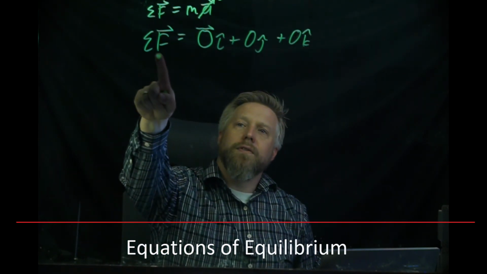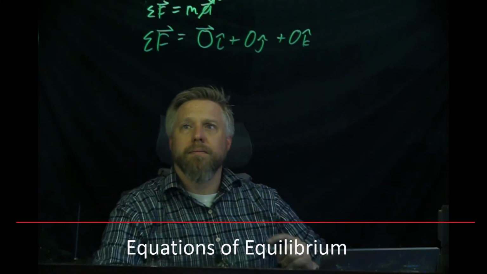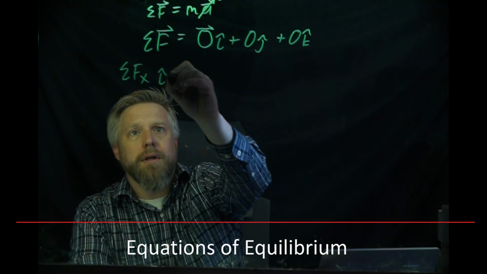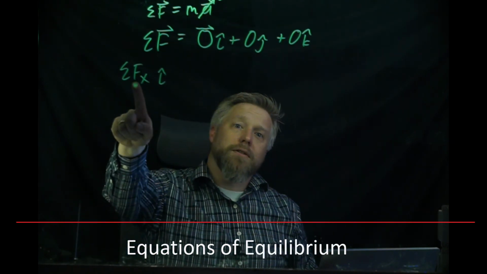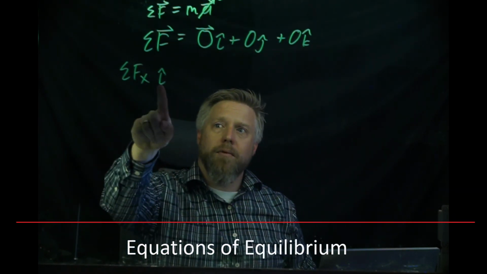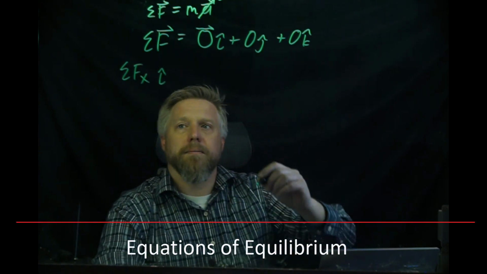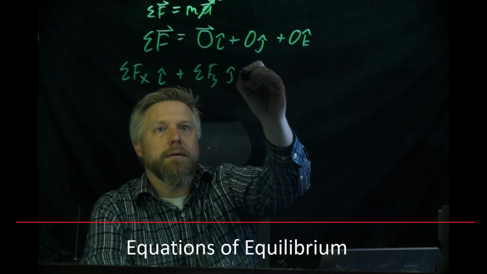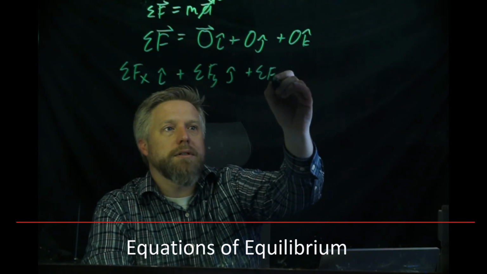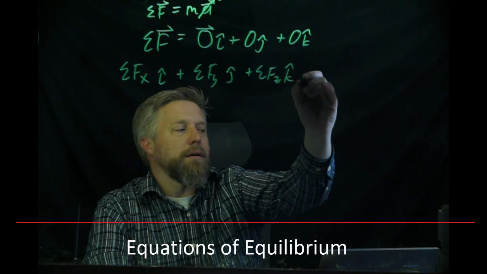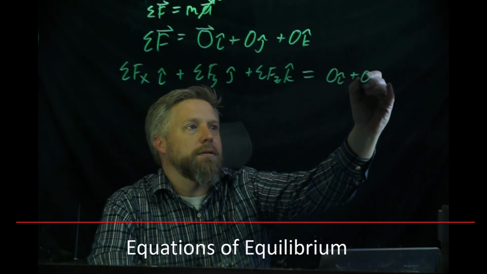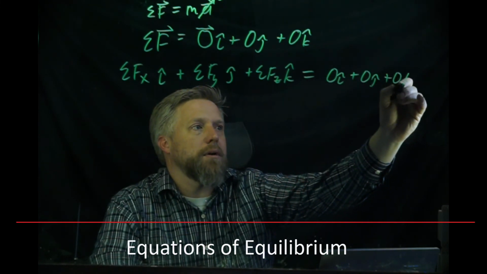And this force vector can be expanded as well. The sum of the forces in the x direction times i. Notice this is no longer a vector but a scalar. I'm separating out the directions i, j, and k. Sum of the forces in the y times j plus the sum of the forces in the z times k is going to be equal to 0i plus 0j plus 0k.